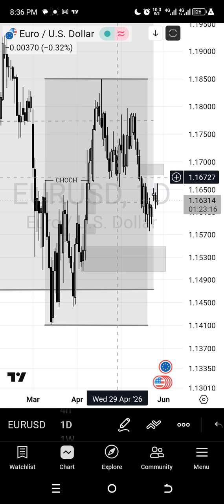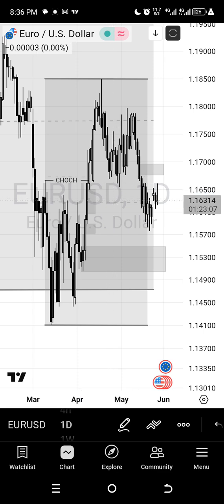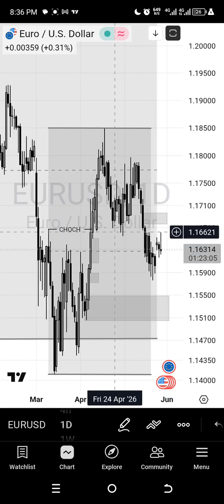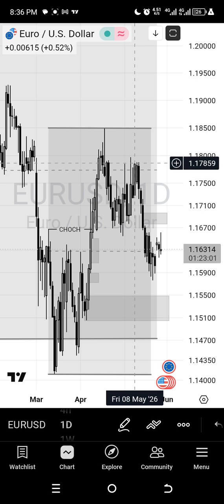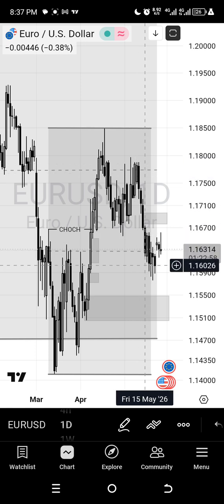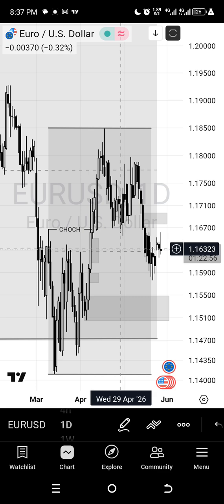That's why I always say, don't marry your bias, because you could be in a buy trade, for instance up here at premium, and then the market goes up and reverses back, and you make no profit. So always take your profits at logical areas in the market, and that is it, guys.